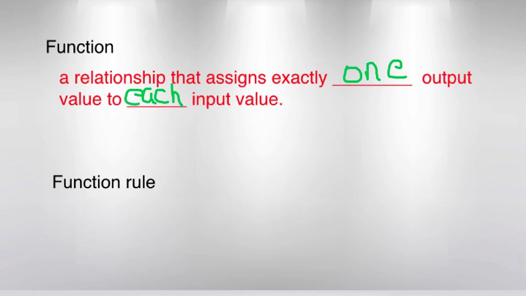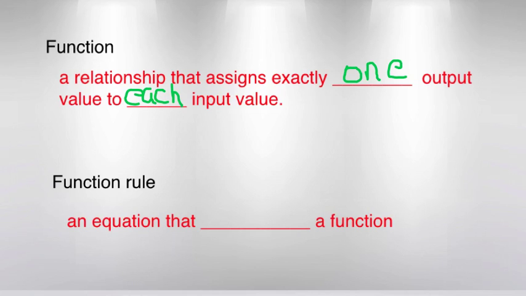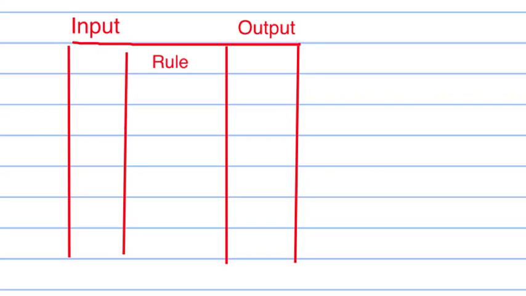So in other words, each input value gets one output. The other thing we need to look at is a function rule. And a function rule is just an equation that describes a function. Okay, and so we'll look into how to write those in a little bit.